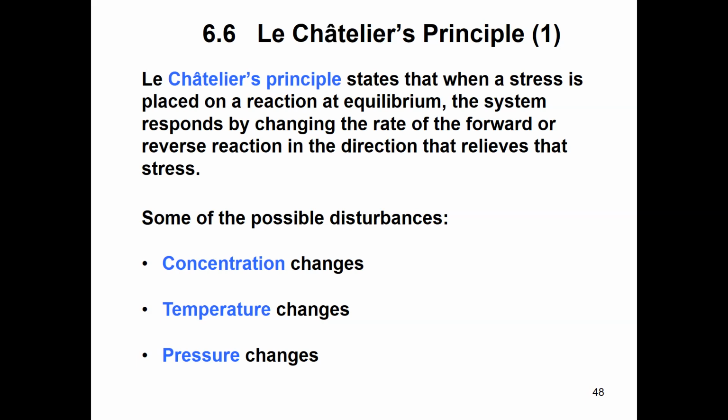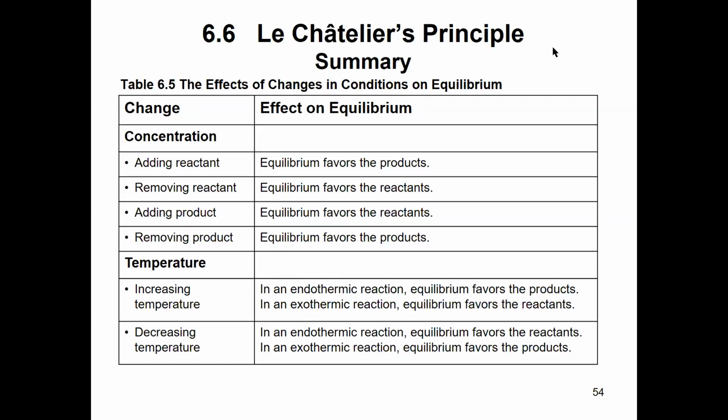So some of the possible disturbances are concentration changes, temperature changes, pressure changes. So we'll focus on concentration changes and temperature changes. Pressure changes would only affect reactions where you have gases. But we will focus on concentration change and temperature change.